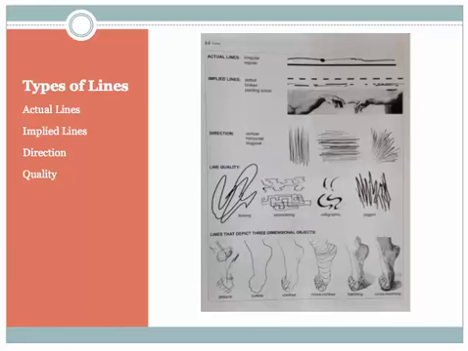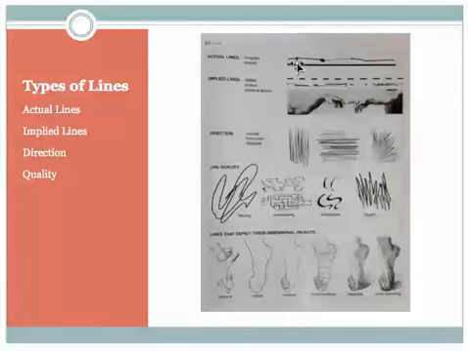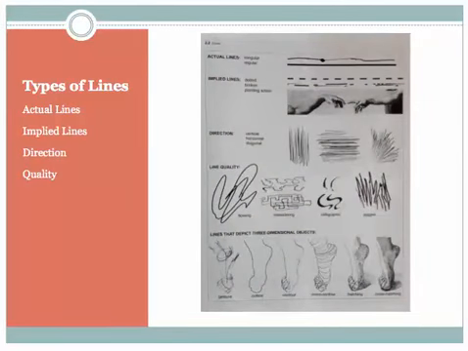I've actually copied a little page here, not the best quality, I apologize, from the Lazari and Schleicher text that I think is very helpful. We could talk about different types of lines, actual lines that we see in art here. They can be either irregular or very, very straight, but these are lines that are going to be very visible.